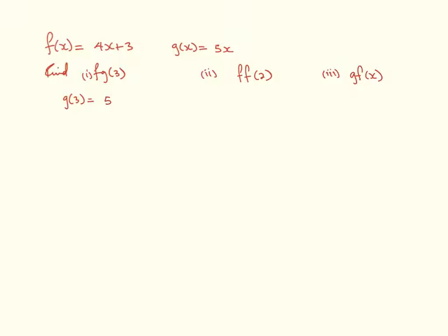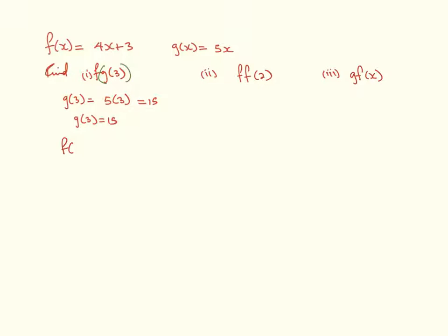So that becomes 5 times 3, which gives me 15. Now that I know that g of 3 is 15, I am now going to plug that into here. I'm just going to put brackets around there to say that I now need to go and find f of 15 because g of 3 is 15.